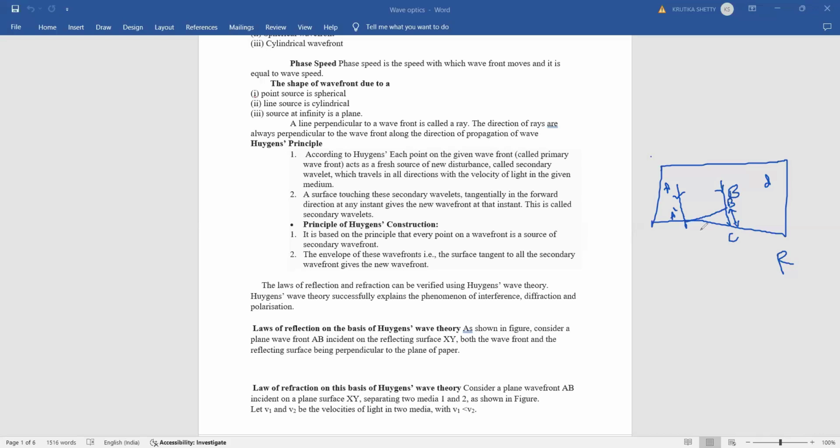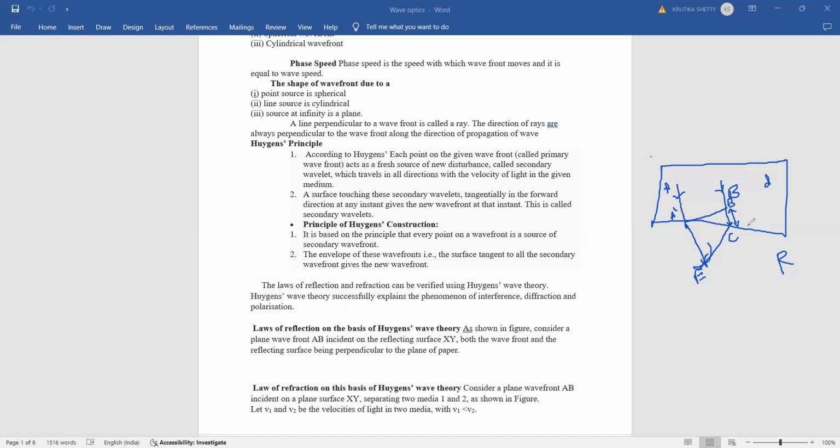Then next, this is E. Okay, so here whatever this surface is, we will name it as MN.